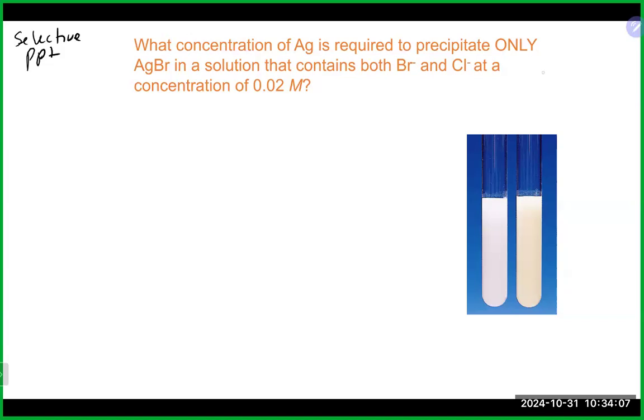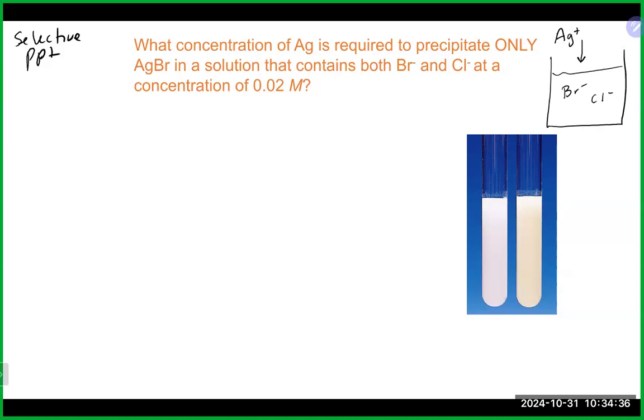Essentially what we have here is a solution with bromide floating around and chloride floating around. What we want to figure out is, if I add some silver to it, we definitely will get two solids that could form. We will get silver bromide and silver chloride based on solubility rules. Chlorides are soluble in everything except lead 2, mercury 1, and silver, which is an example here.